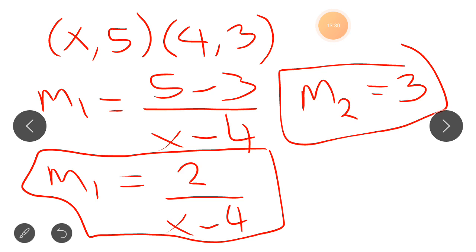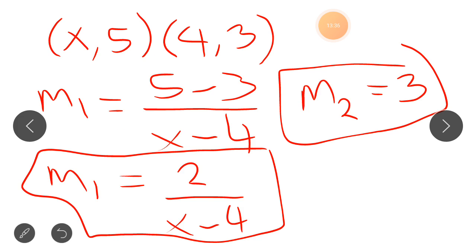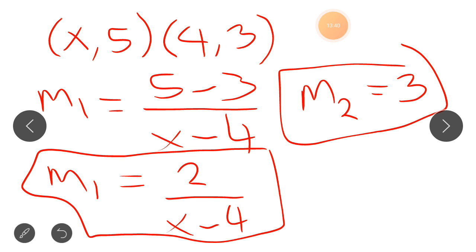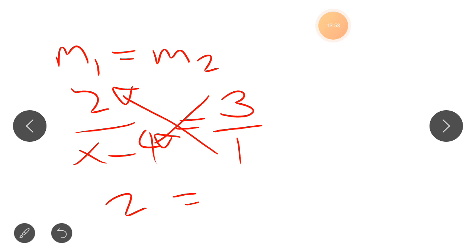So you just substitute the slope of line 1, that is 2 over x minus 4, equals the slope of the second line, that is 3. To solve this, just put a denominator of 1 under 3, then cross multiply. 1 times 2, 2, then 3 times x, 3x, 3 times negative 4, negative 12.